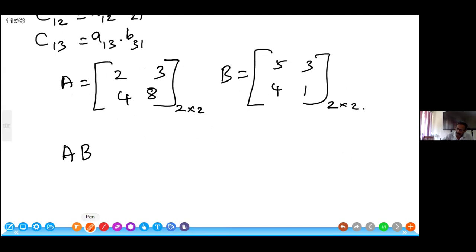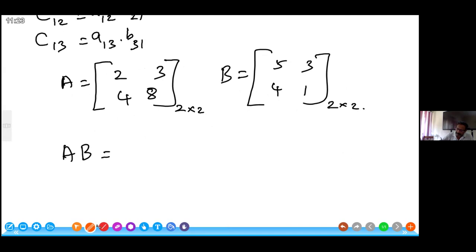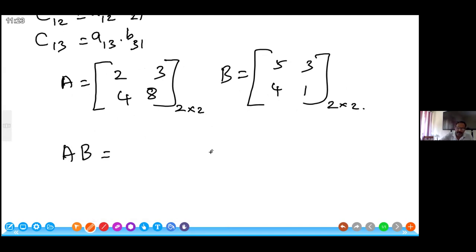Right, how to multiply? Very carefully look at it, those who are learning for the first time. The first row of the first matrix is multiplied by the first column of the second matrix.